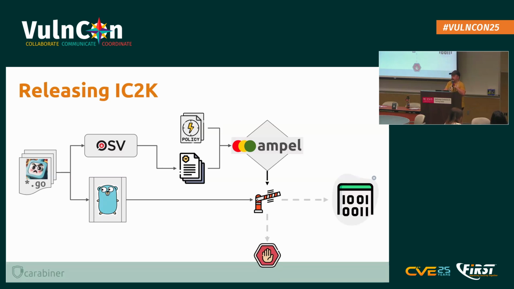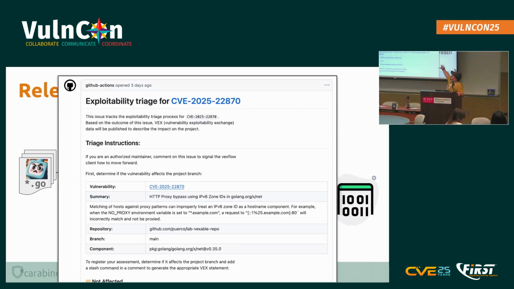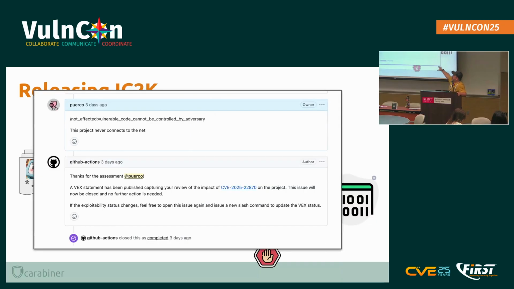The next thing that happens is, okay, we have a GitHub Actions process running, and then it creates the triage issue. This is how maintainers interact with the project. We have a chat ops interface where you come and issue the assessment.